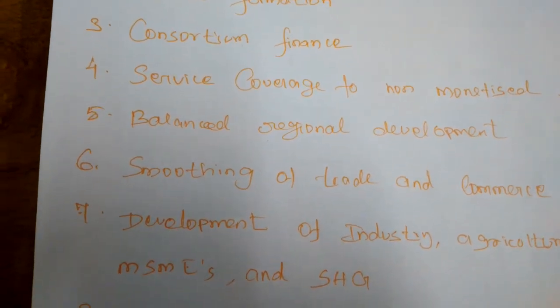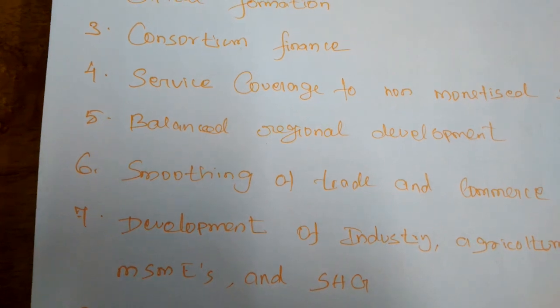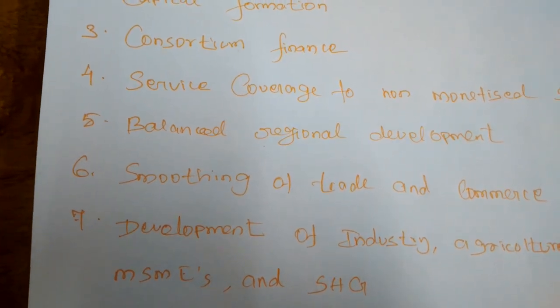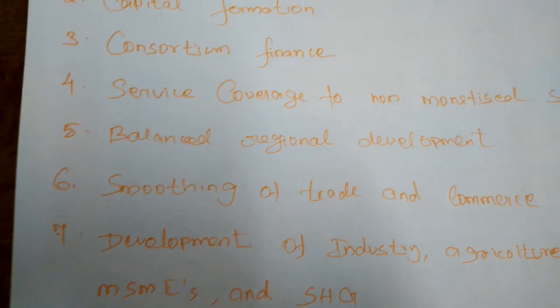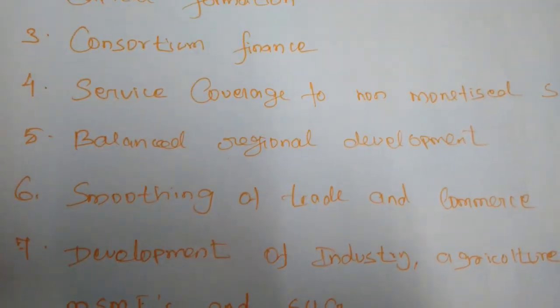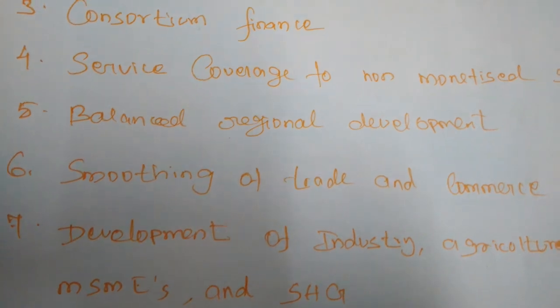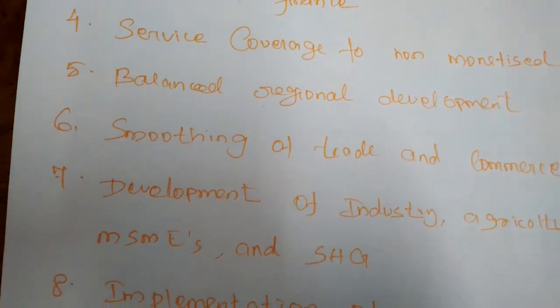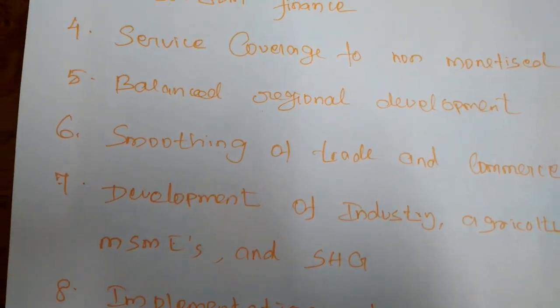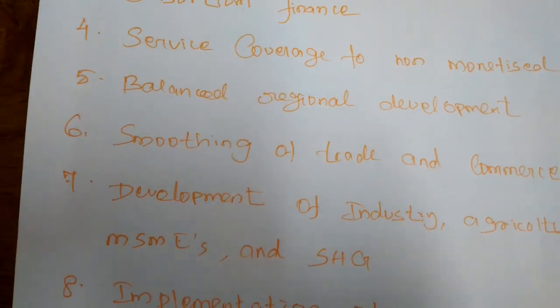So even growth of different regions can be achieved through these functions. When the accumulated money and some of the benefit also move from one place to another, because of that, balanced regional development will appear.